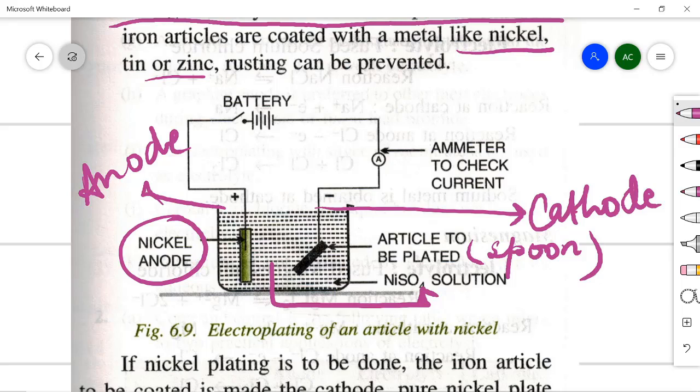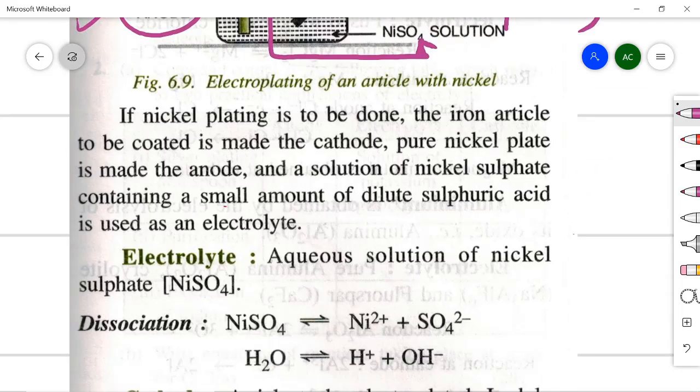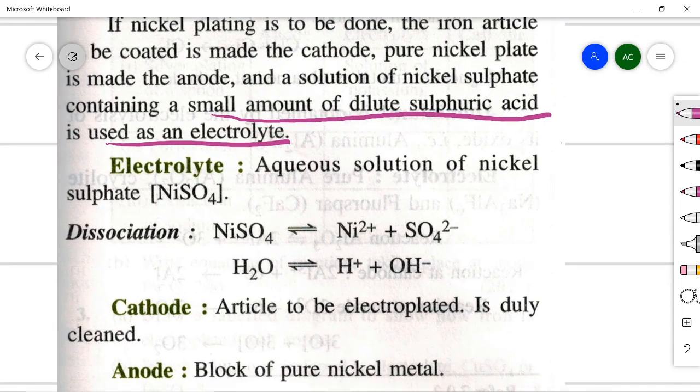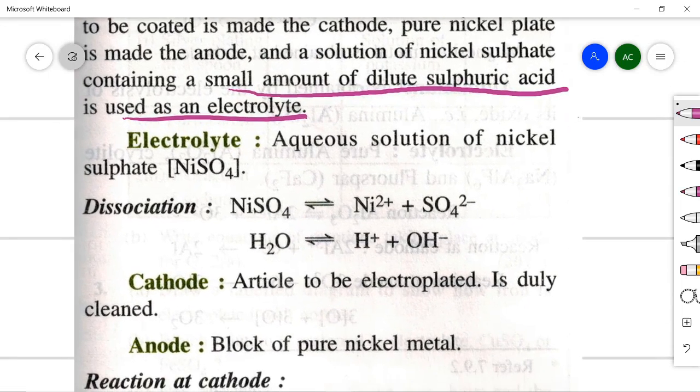So here nickel was taken to plate iron, so I will take the solution as nickel sulfate. Now here you can see a small amount of dilute sulfuric acid is used in the electrolyte. So they have put nickel sulfate as electrolyte, a small amount of sulfuric acid was added and water was also added. So how many positive ions? Nickel and hydrogen.